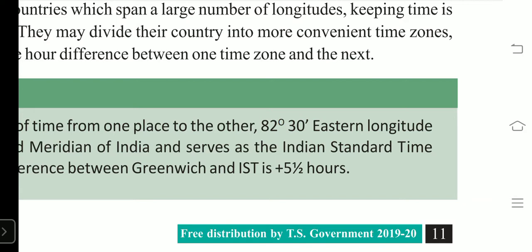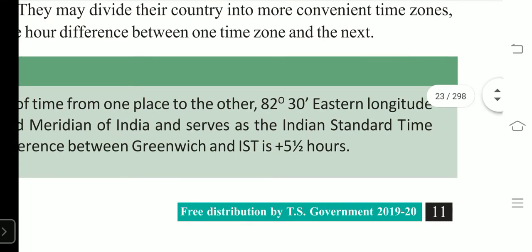From there it is passing. So we consider it as Indian Standard Time. Okay, and this Indian Standard Time is 5.5 hours ahead. Ahead means before the Greenwich time.